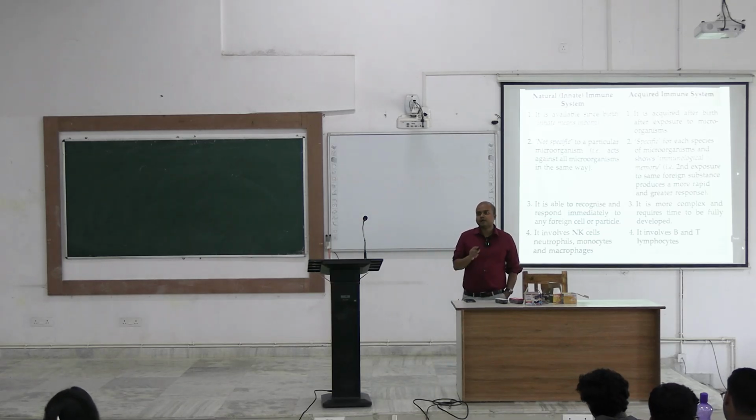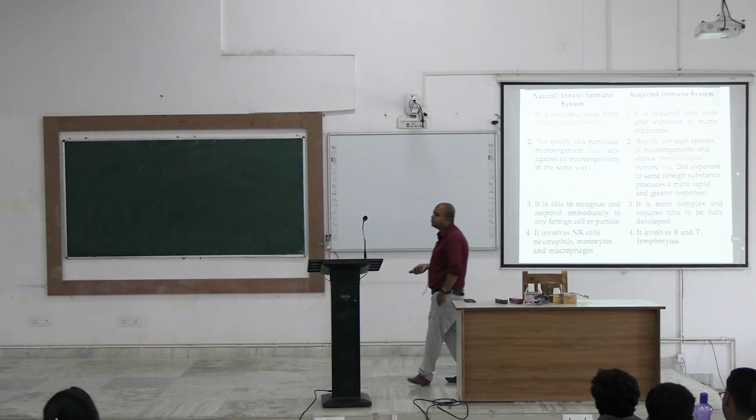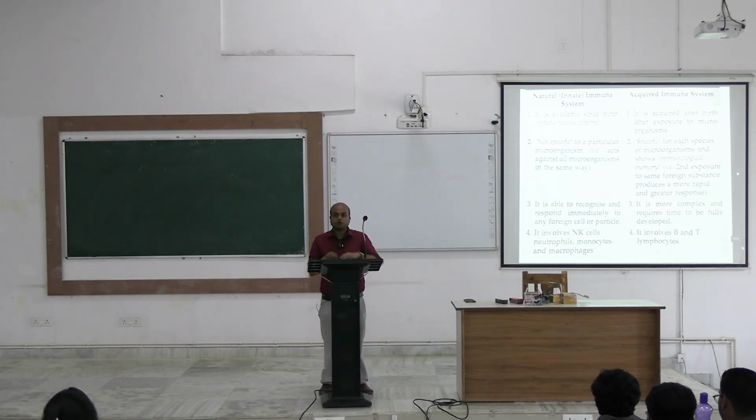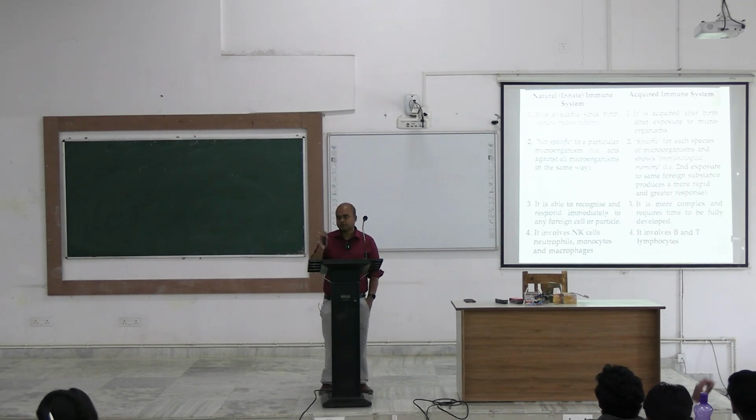If you are asked to differentiate between natural and acquired immunity, whenever it is asked to compare, contrast or differentiate, just try to make a column, that means make a table. Do not go on writing 10-15 lines. This creates a better impression.